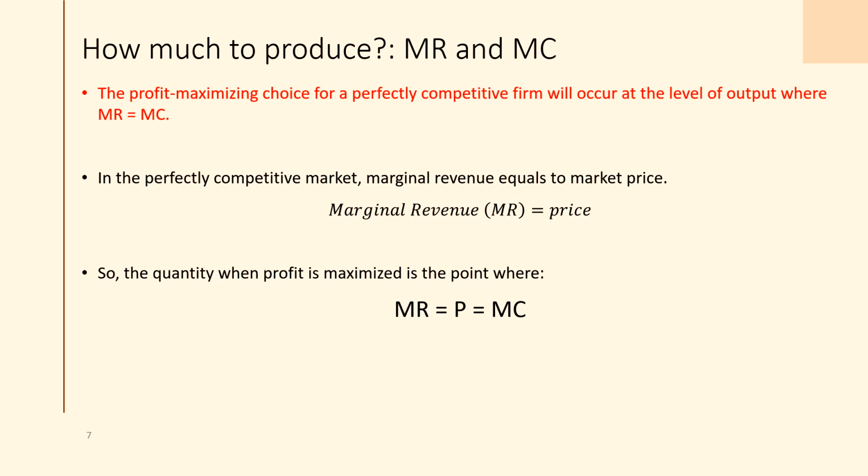So the rule becomes marginal revenue MR equals price equals marginal cost MC. This means the firm should produce the quantity where the cost of producing one more unit is exactly equal to the revenue gained from selling it.